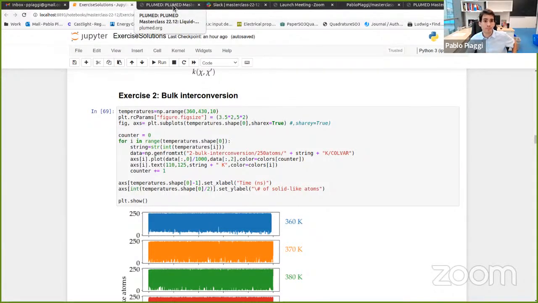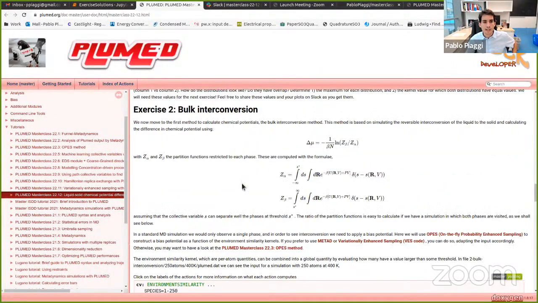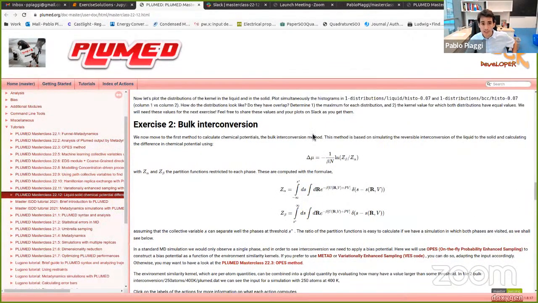Okay, so I'll go here to the exercises on the PLUMED manual. So the idea of this method is actually quite simple. We will try to convert the liquid into the solid reversibly. Once we have that simulation, the equation that I'm showing here on the screen is a simple way to calculate the difference in chemical potential.